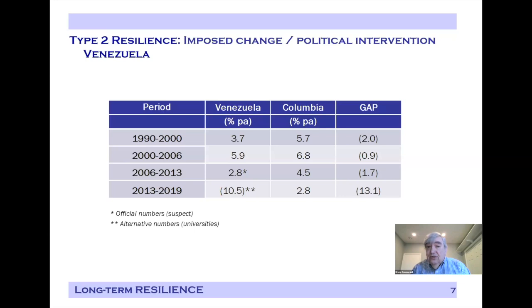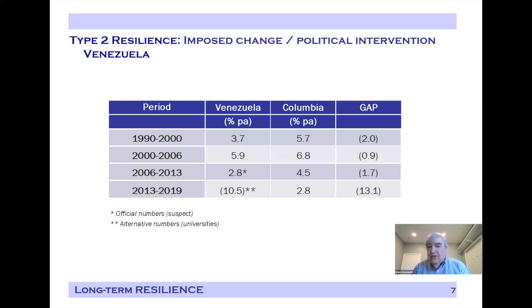From 2000 to 2006, aided by the boom in oil prices, they still do slightly worse than Colombia, but things don't get bad right away. It's sort of towards the end of that period that they get bad. From 2006 to 2013, they start lying about the data, which also makes it very difficult to correct the course you're on.